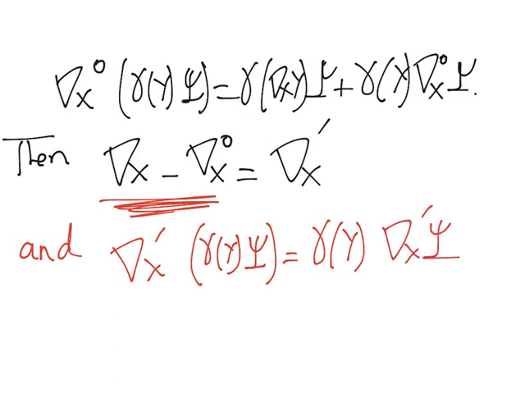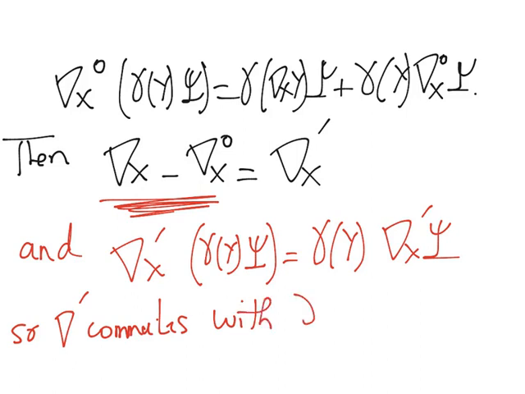Hence, nabla prime commutes with gamma of TxM for every point x in U, of course, in my open set.